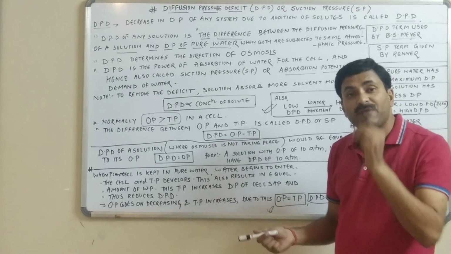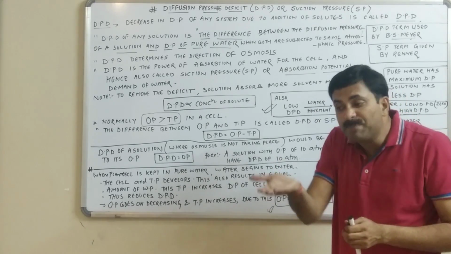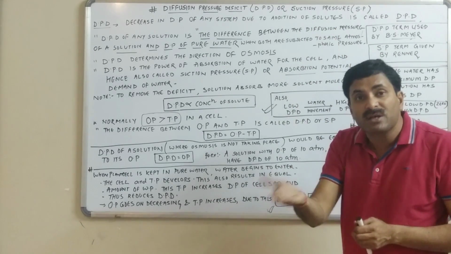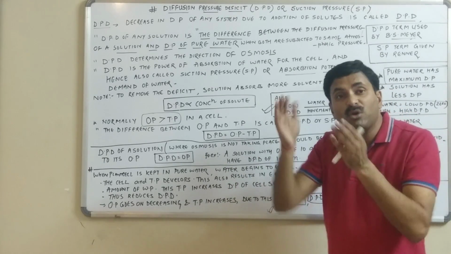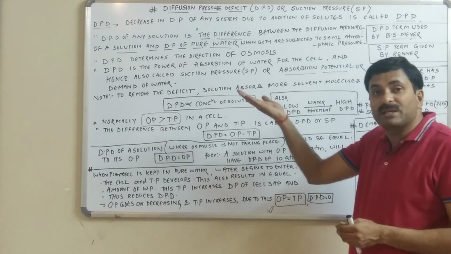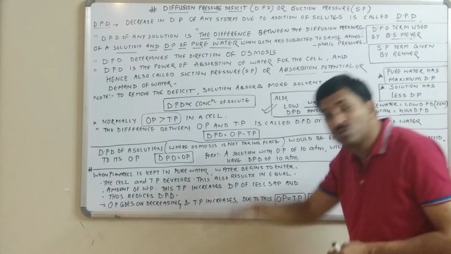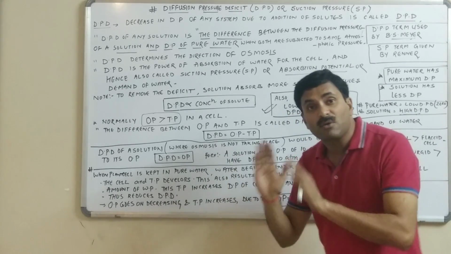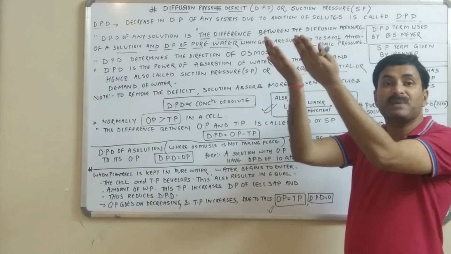Of course, when water enters inside the cell, DP will increase and DPD is reduced, due to the entry of water. Also remember, when water enters inside the cell, OP goes on decreasing and TP starts increasing.